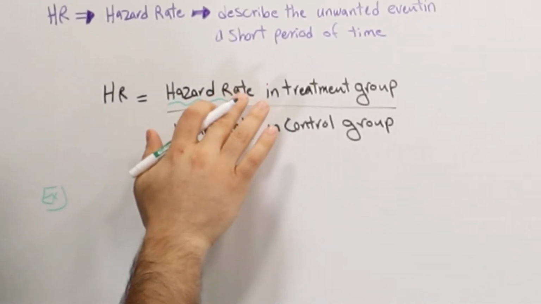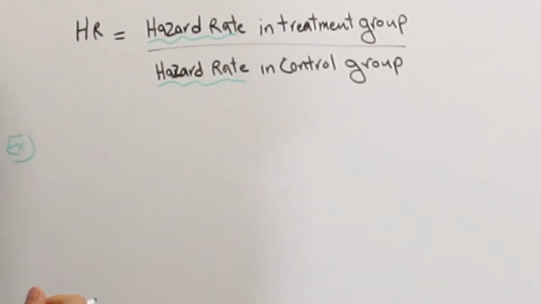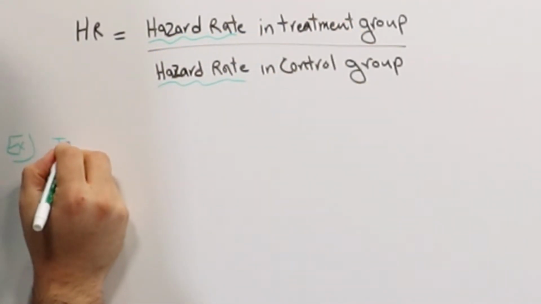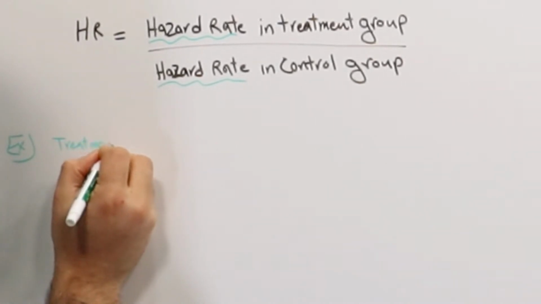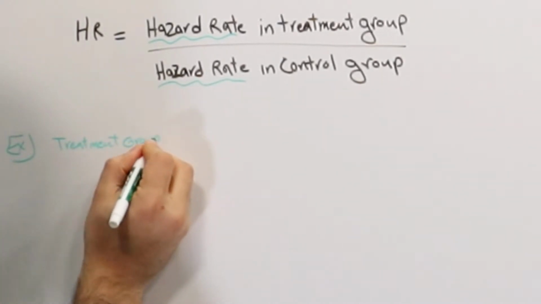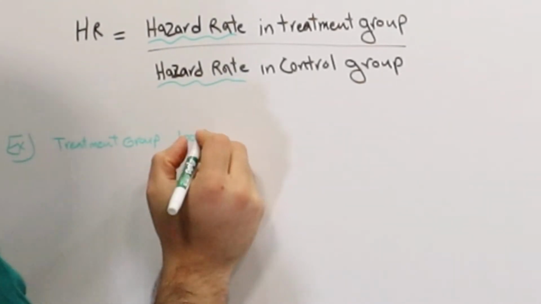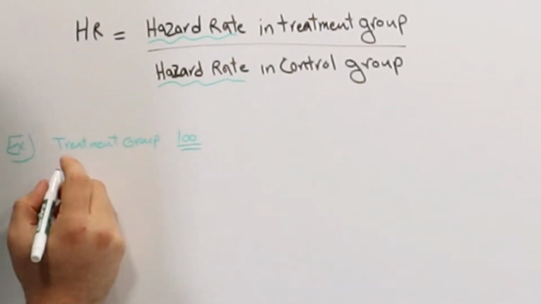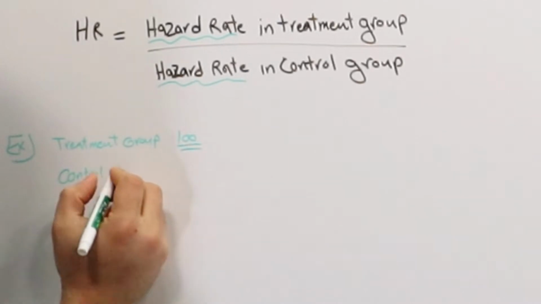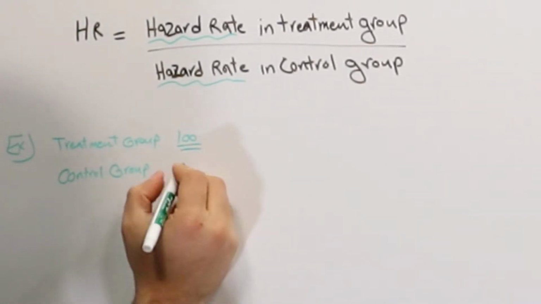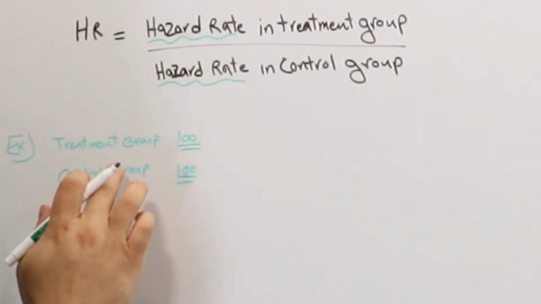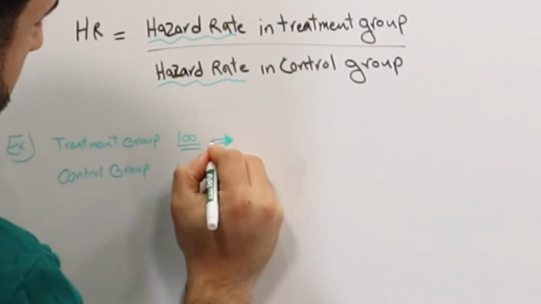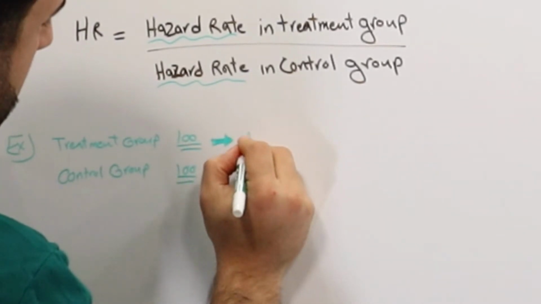Let's say we have a group of people, and in the treatment group we have 100 individuals, and in the control group we have another 100 individuals. In the treatment group, these people received medication, let's call this medication A.